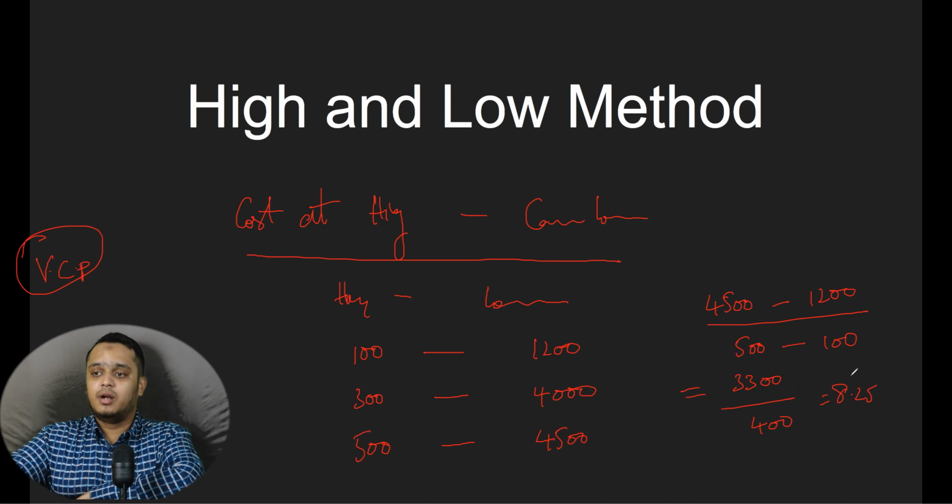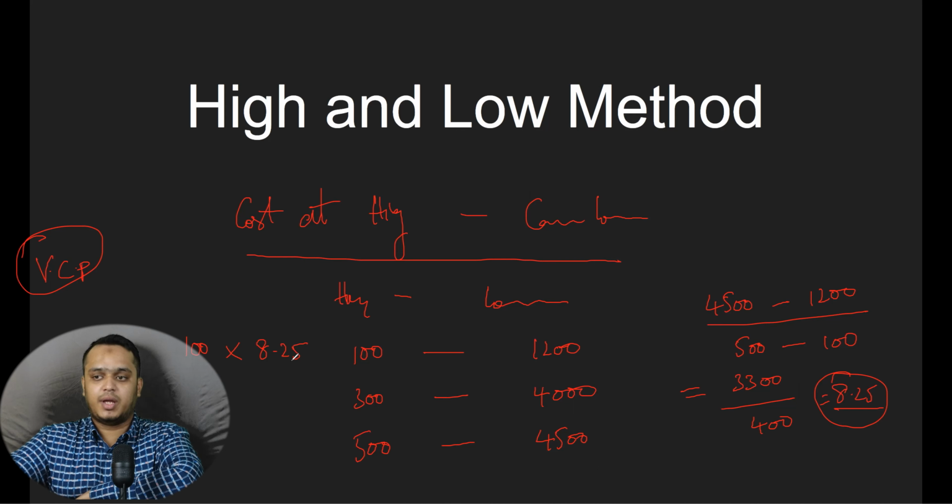So here, what I find out is 8.25. What is this? My variable cost per unit. So what can I do here? I can do 100 multiplied by my variable cost per unit, which is 8.25. When I do this, what do I get? My variable cost, which is 825, and my total cost here is 1,200.